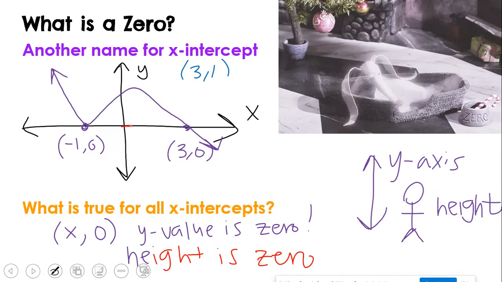So like right here, that has a y value of 0, and this height is 0, and this height is 0. So that's a little bit more of a conceptual question.